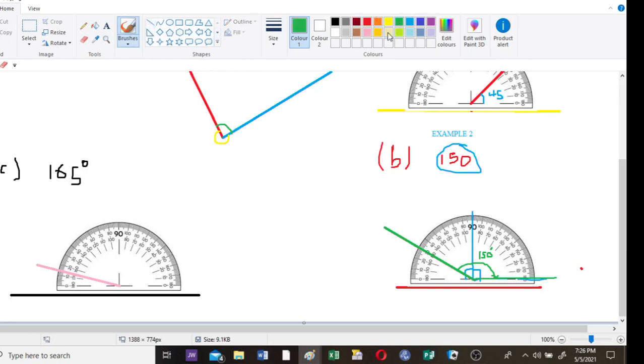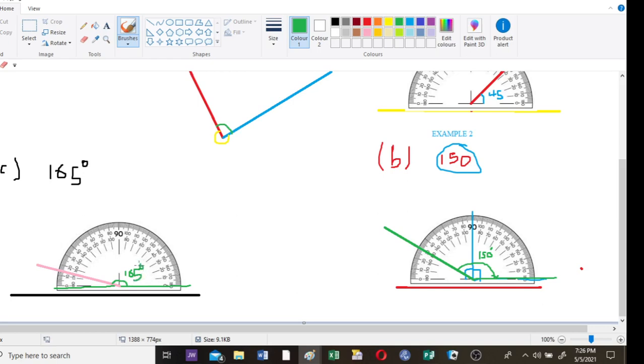So let me change the color. This is our baseline. Don't forget, we are assuming this one as our baseline. So this is 165. This is our angle that we are measuring.